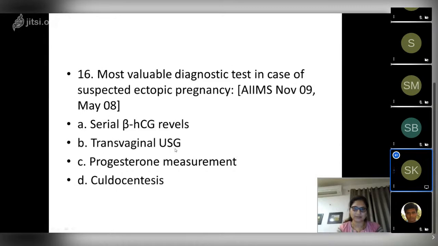So transvaginal sonography is the most important diagnostic test for ectopic pregnancy. All other things are supportive tests: just based on serial beta HCG levels we won't be able to diagnose ectopic pregnancy, and similarly progesterone measurement or culdocentesis. All these are non-specific tests and won't help in exact diagnosis. So transvaginal ultrasonography is the correct answer.